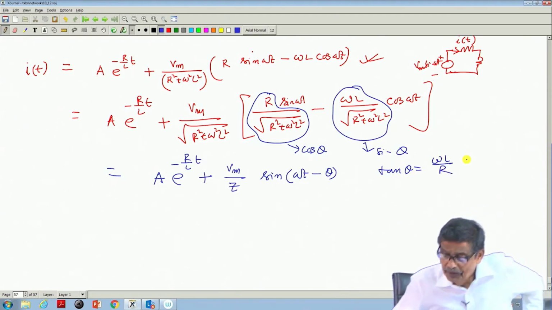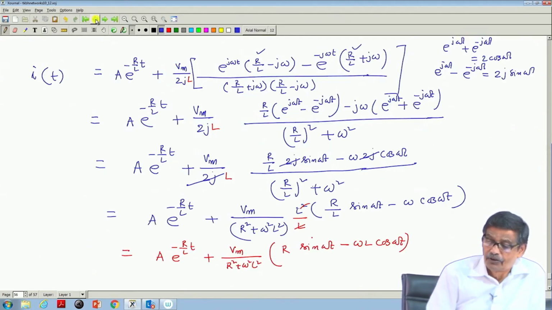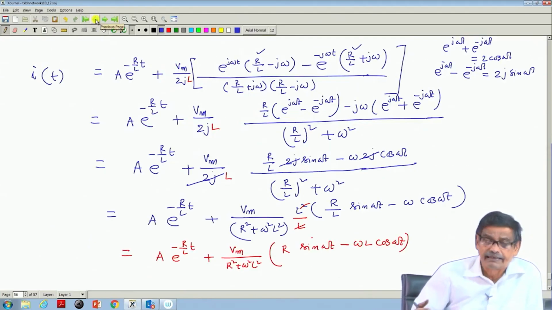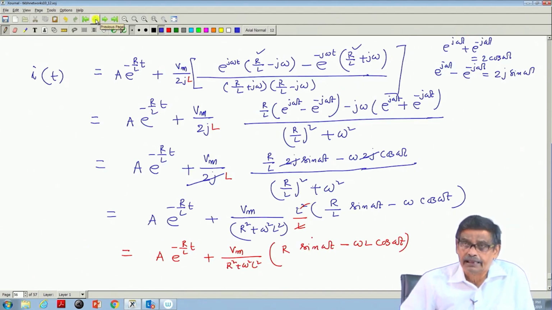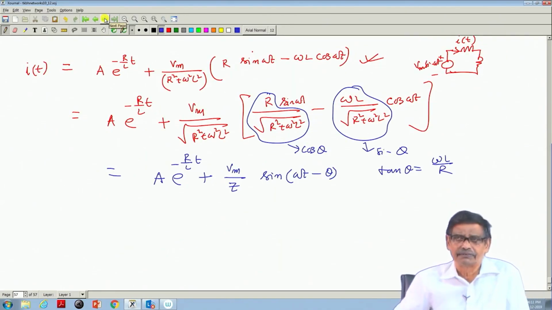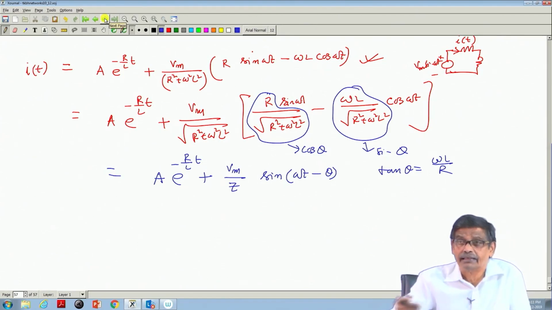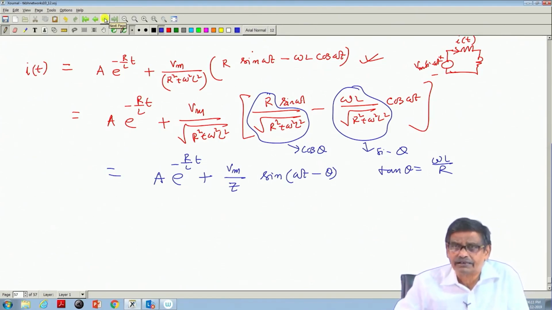Therefore, I think the number of computations have become less. In fact, with numbers, if the circuit is given, it will be much faster, because I am carrying all the variables r, omega, L. If some numbers are given, you can do it rather fast. Okay? That we will see.